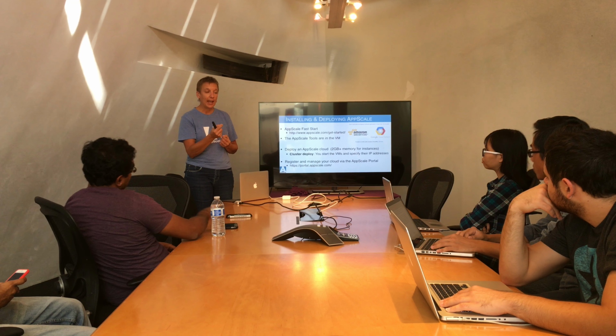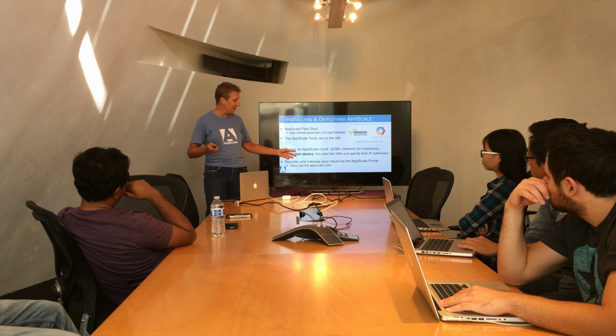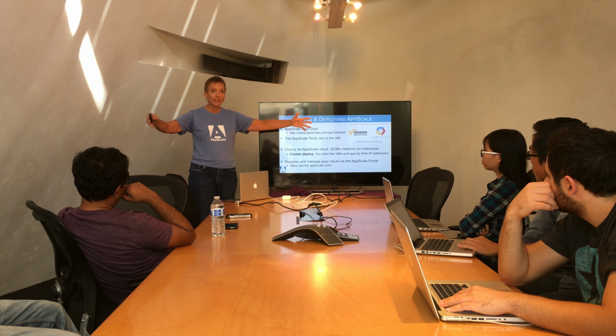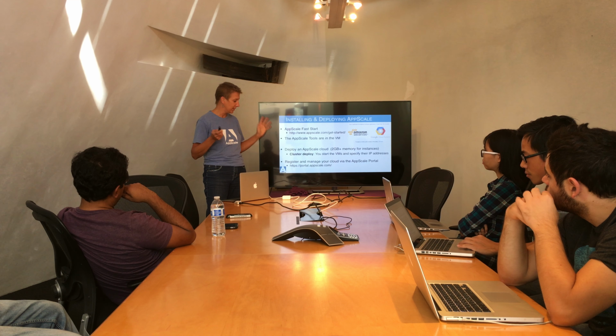So you just give it the list of IP addresses, and you say go. And that's AppScale up, just like Vagrant, if you're familiar with that. And that will start AppScale and the auto-scaling system and the platform for you. Okay? So you get the VM, you start it, you hand it the IPs, everything else is taken care of for you. You can always SSH in and mess with it yourself too, so it's up to you.